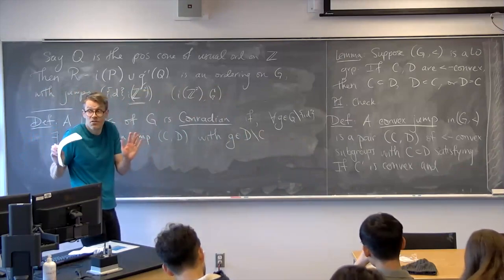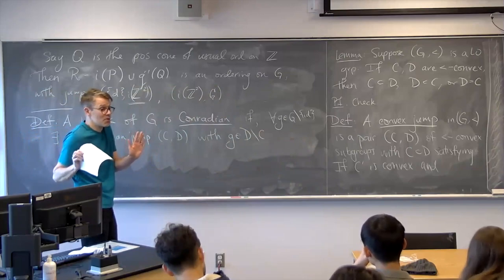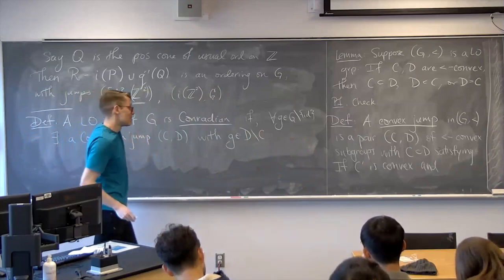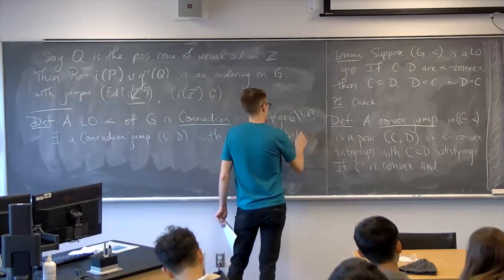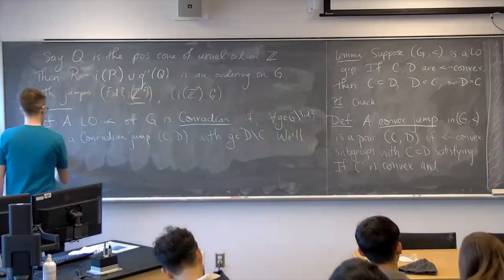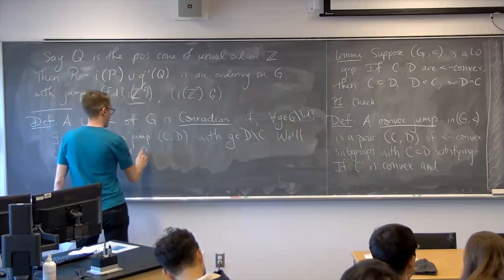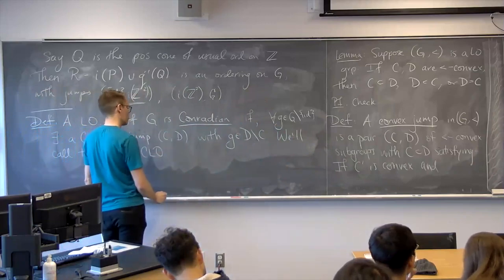This defines a new class of groups, okay, because a priori we don't know that we've actually succeeded, right? So we'll call these groups CLO, Conradian left ordered groups.